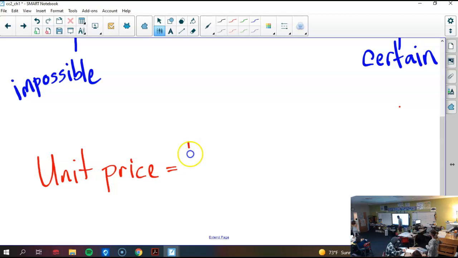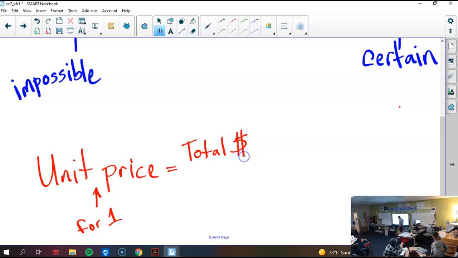Unit price. If we want to calculate the unit price, and that means for one, so like for one object, it is always the total price, so actually, we could really just use the dollar symbol there, divided by quantity.